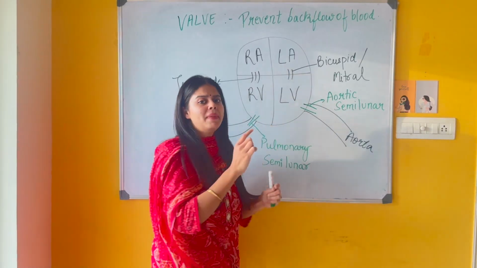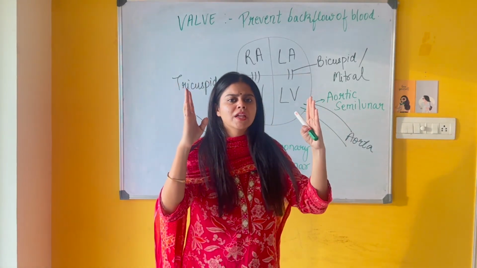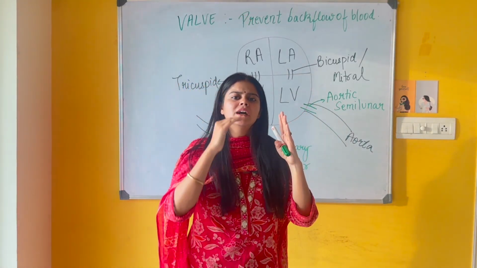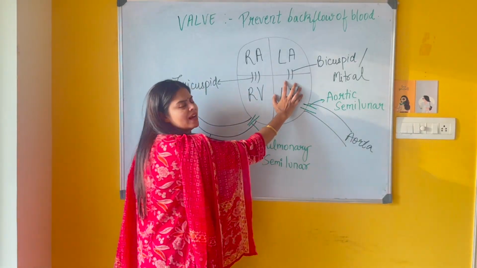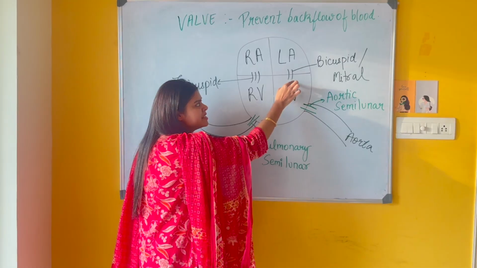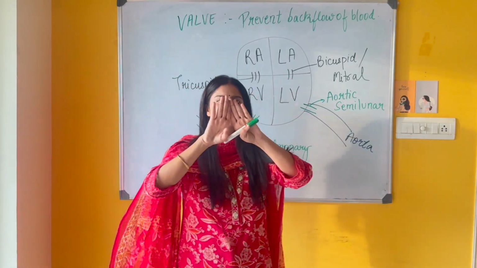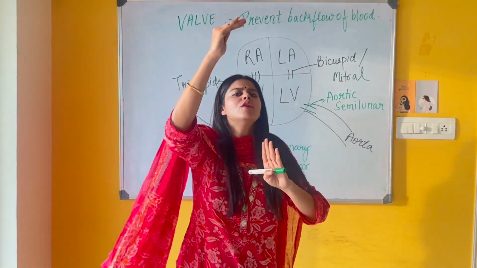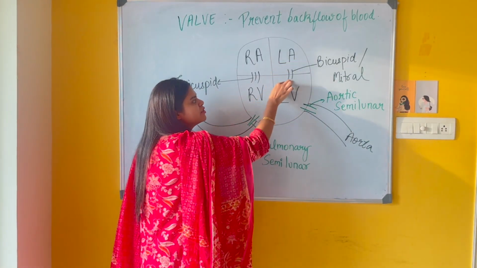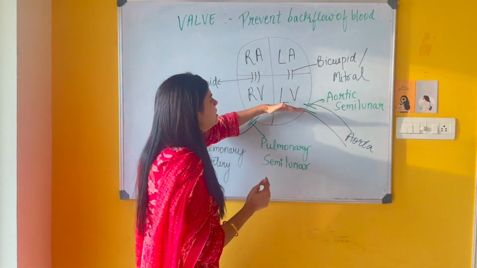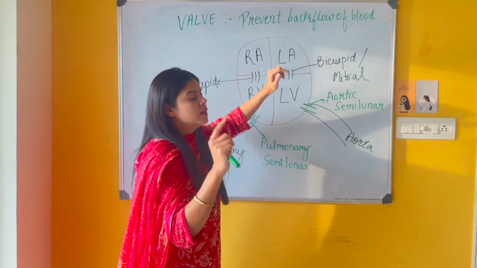This gate, the bicuspid valve, will open. Blood from the left auricle will come down to the left ventricle. When the blood comes down in the left ventricle, this gate-like structure will close to prevent the backflow of the blood from the left ventricle to the left auricle. So what is the function of these valves? To prevent backflow of the blood.